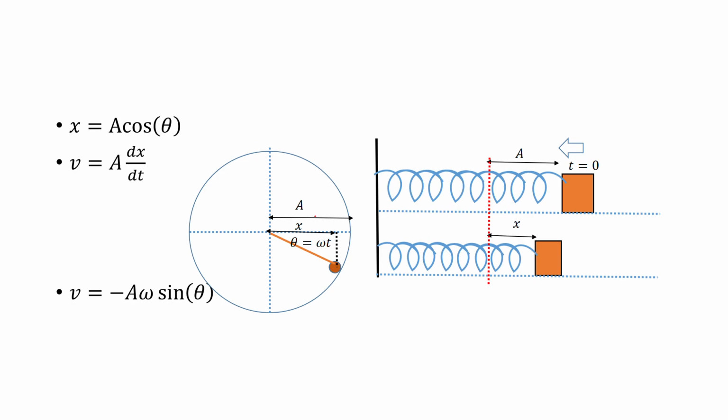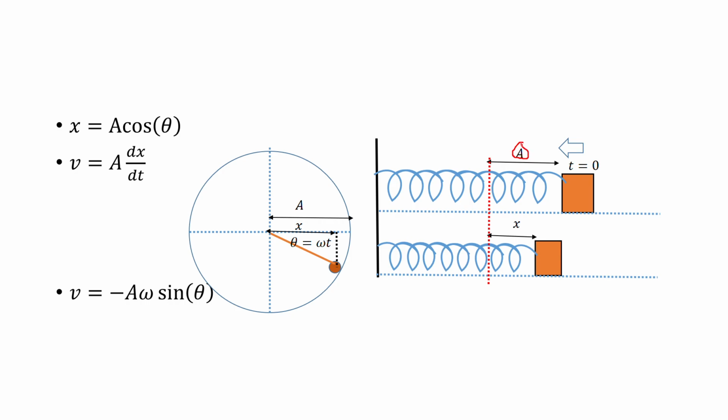In the second case, when the block is at its extreme position and we are measuring time from the instant it starts motion from one of its extreme positions, a is the amplitude to which this block has been stretched.